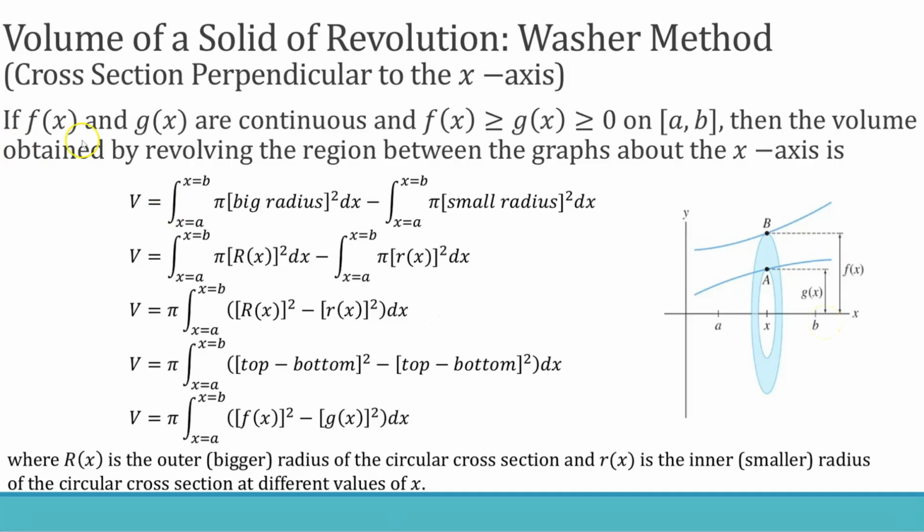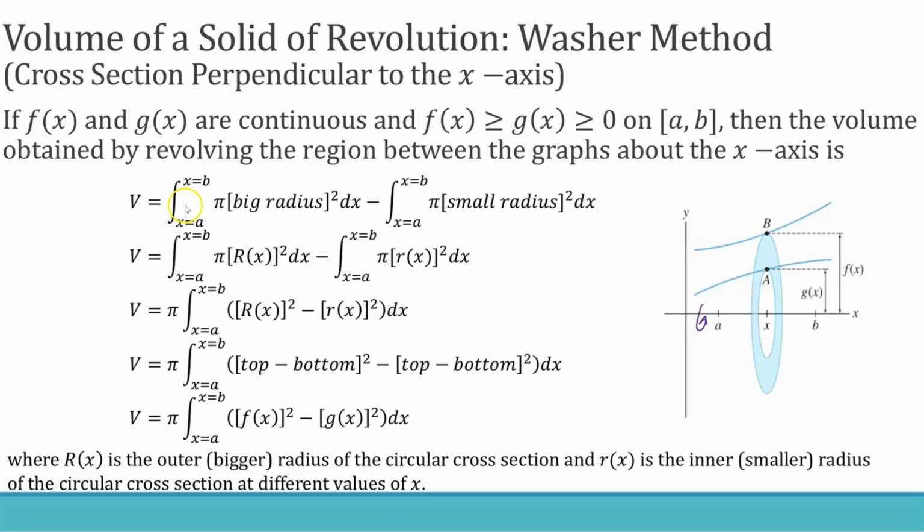What we need is two functions, f of x and g of x, that are continuous, and f of x is greater than or equal to g of x, and both of them are positive. So f of x is above g of x, and both are above the x-axis on the interval from a to b.